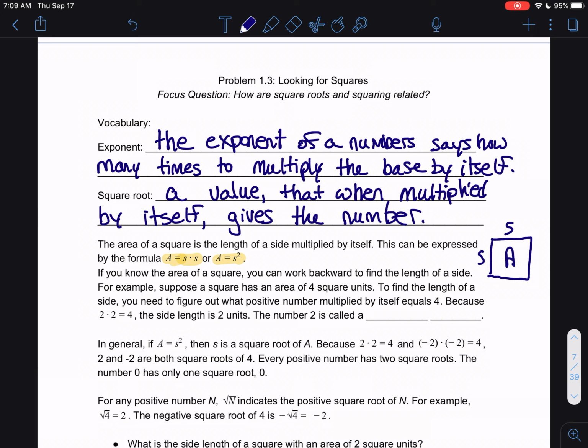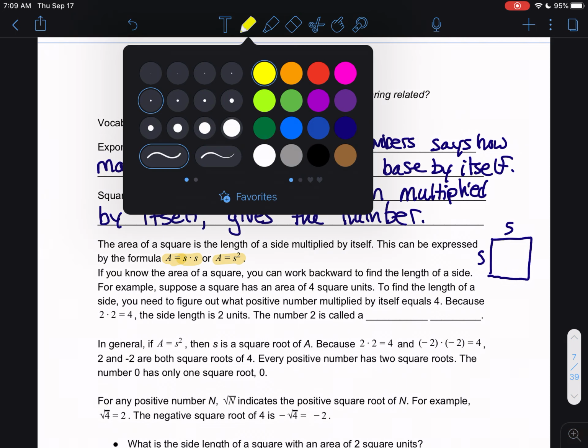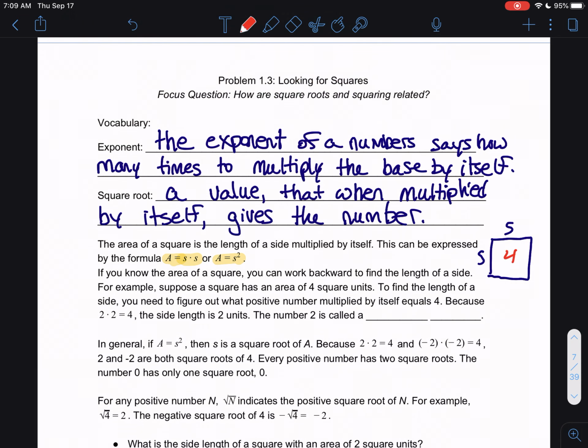Okay, so if you know the area of the square, so if you knew A, you can work backwards to find the length of a side. For example, suppose a square had an area of 4 square units. So let me erase this A and write 4. To find the length of a side, you need to figure out what positive number multiplied by itself equals 4.